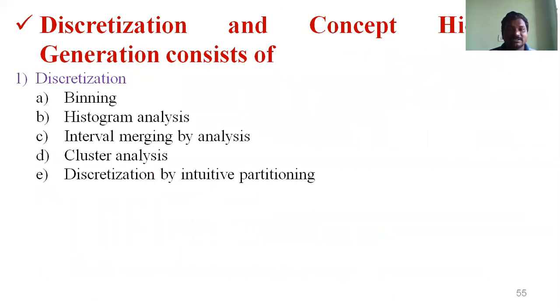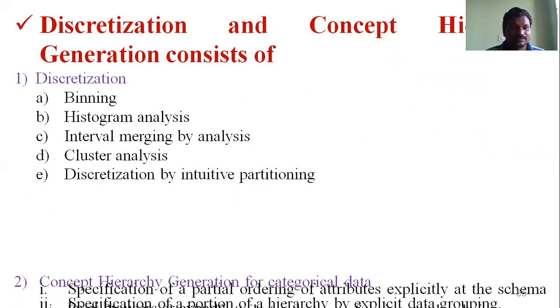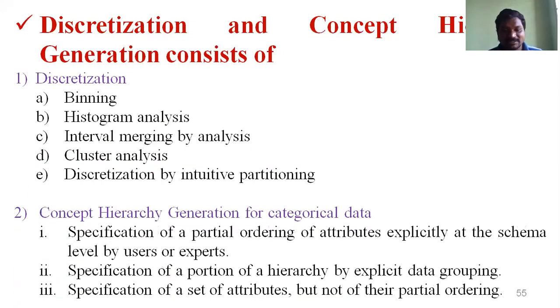Here, the discretization and concept hierarchy generation consists of the discretization process. You may take the binning method, histogram analysis, interval merging by analysis, clustering analysis, and then discretization by intuitive partitioning. Now the concept hierarchy generation for categorical data. What is concept hierarchy generation here?